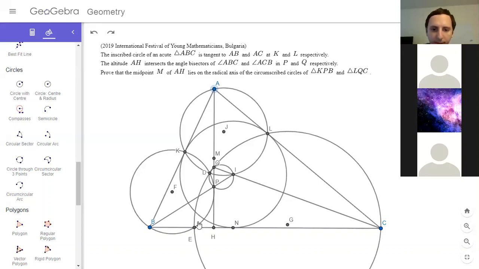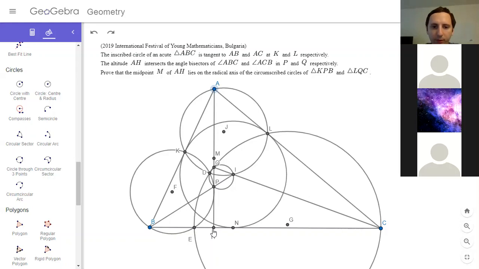Yeah, first of all, can we see why HN is equal to HE? Well, that's the same as saying that H has the same power with respect to the in-circle and, wait, so HE, yeah, I feel like there should be a way to prove that.